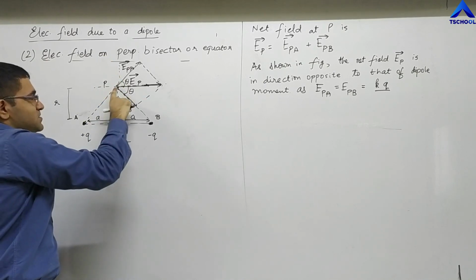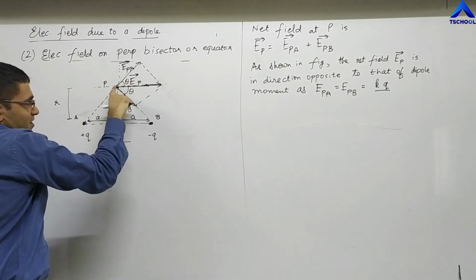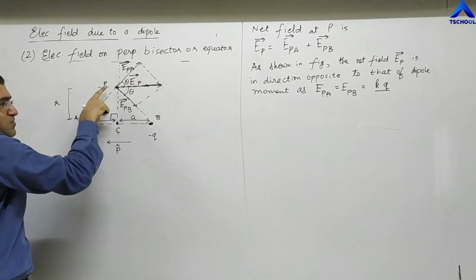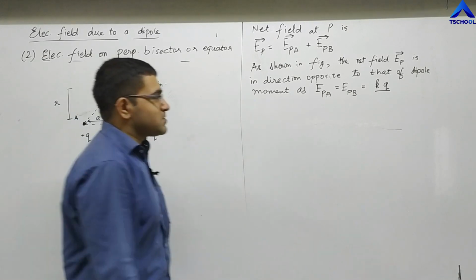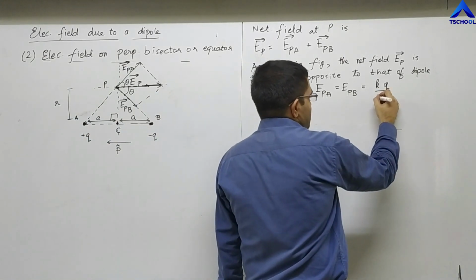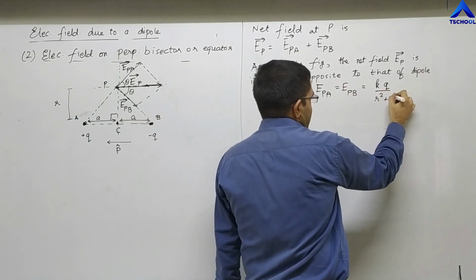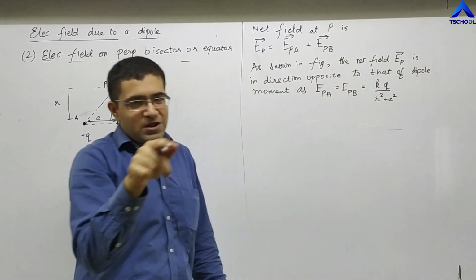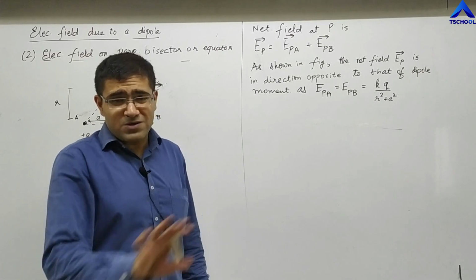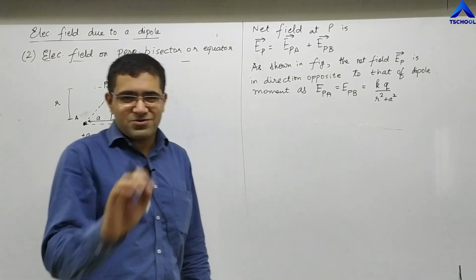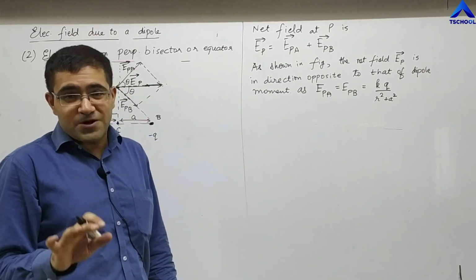Right? So now this distance is r. This one is A. R, A, right angle triangle. So what do you think AP is? Obviously, it's Pythagoras theorem, and the distance is going to be r squared plus a squared under a root, but because in the formula we have a square, so we are writing r squared plus a squared. I hope all of that you got it very easily, right?